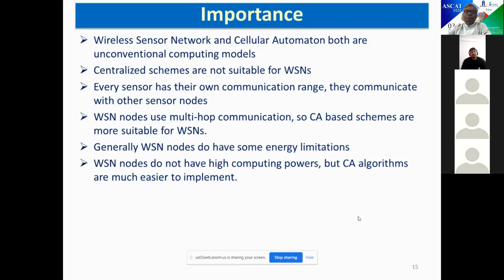Variation means? I mean, when we are deploying the nodes in the grid region, does the number of grids play a role here?